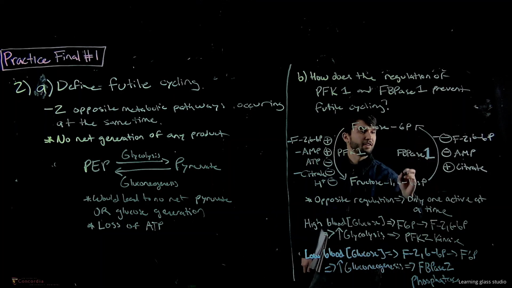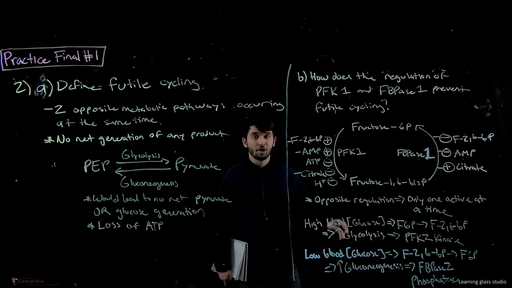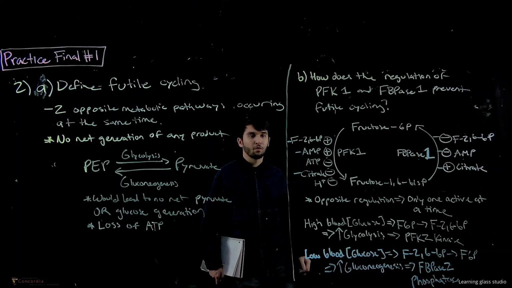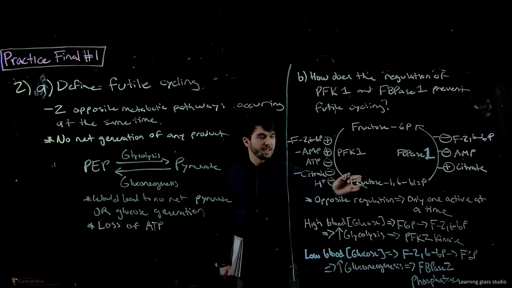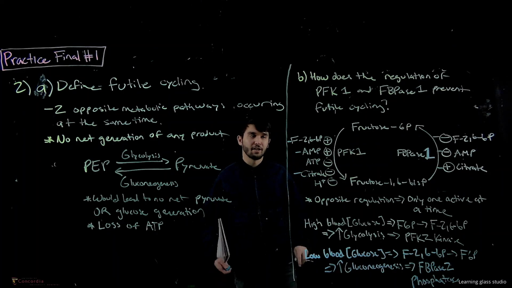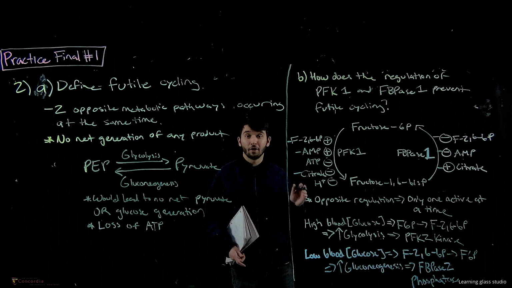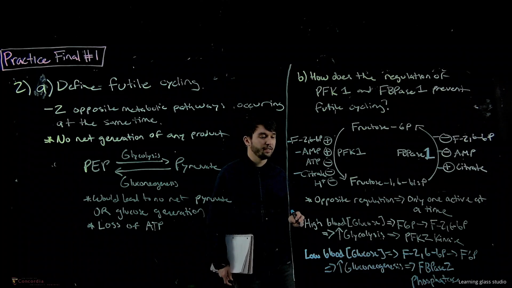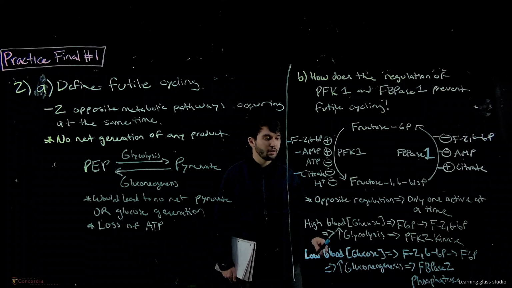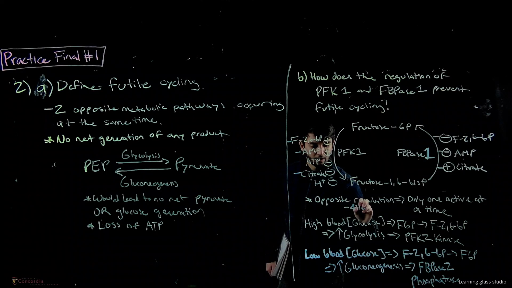Here we have inhibited by fructose 2,6-bis-P, inhibited by AMP, activated by citrate. These are opposite, meaning if we have a lot of fructose 2,6-bisphosphate, for example, that will lead to the activation of glycolysis and the inhibition of gluconeogenesis. So the fact that they are allosterically regulated in different ways means they have opposite allosteric regulation.